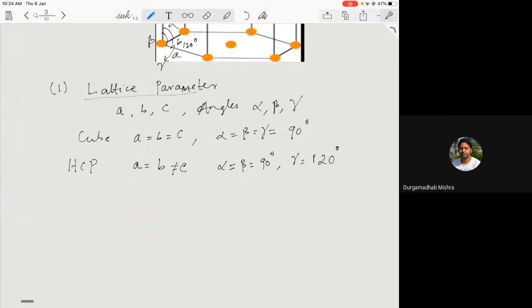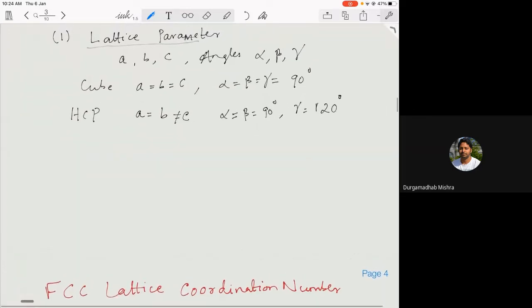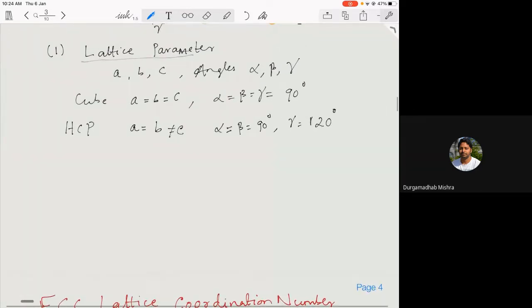Another thing, the second one, is known as the coordination number. This actually comes from chemistry, where it is more important when we talk about chemical reactions. Coordination number, in short, is normally represented by Cn.